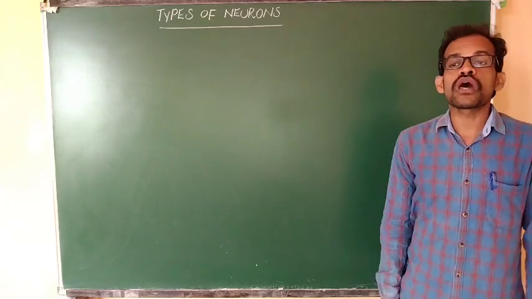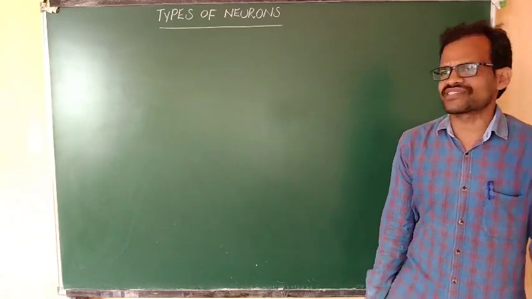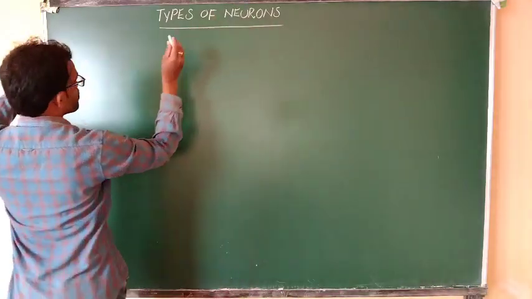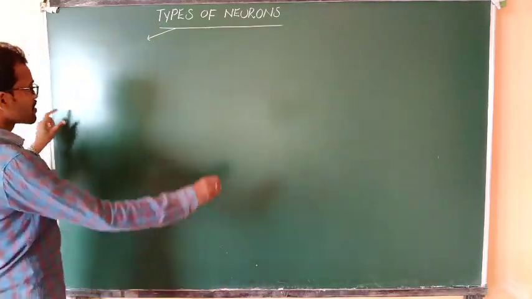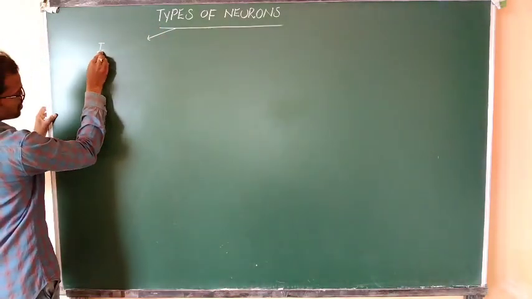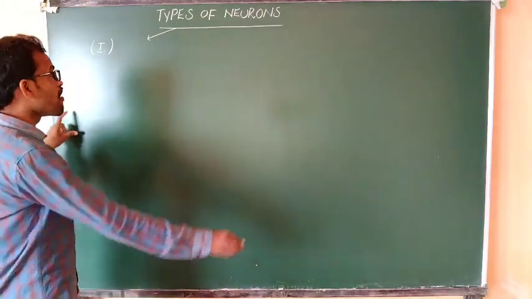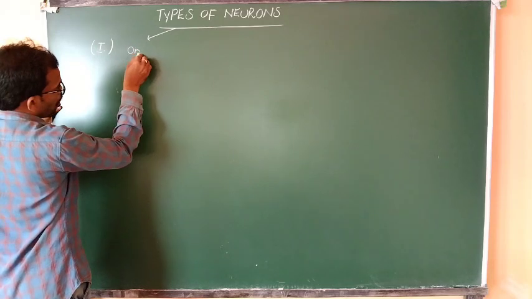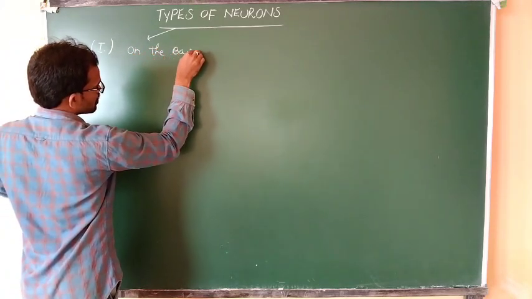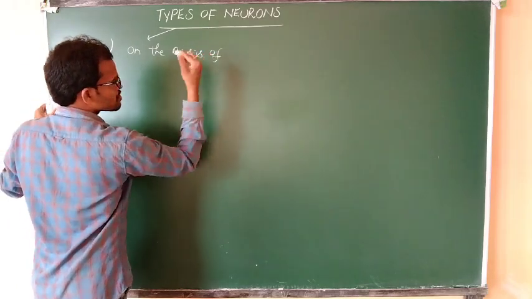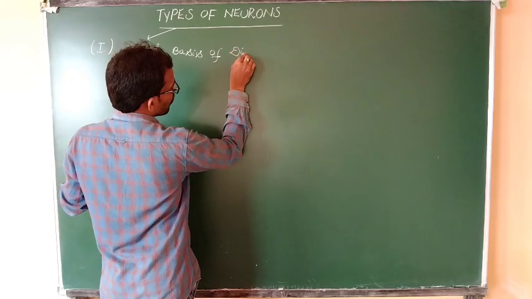These types of neurons are based on the number of processes. What is the first classification of the types of neurons? It is on the basis of different processes.